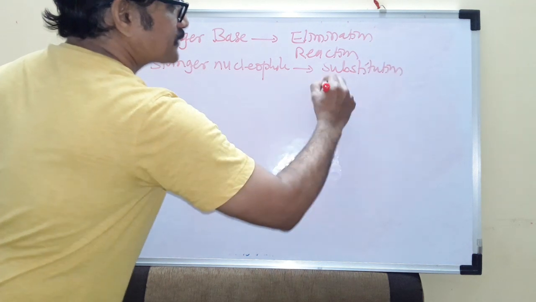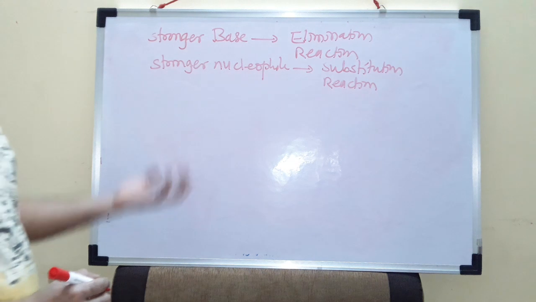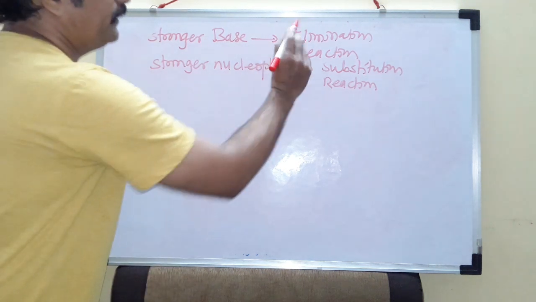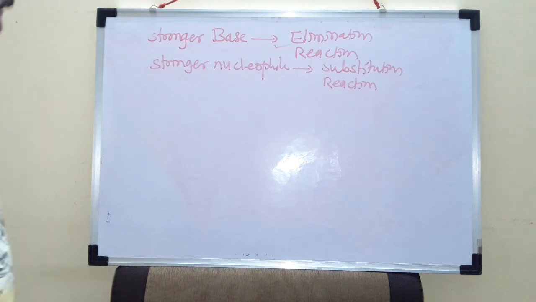So if you know whether the reagent is a stronger base or stronger nucleophile, you can predict whether elimination or substitution will occur.